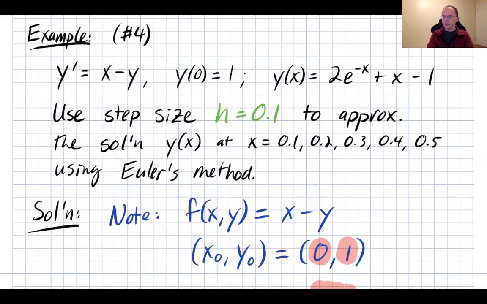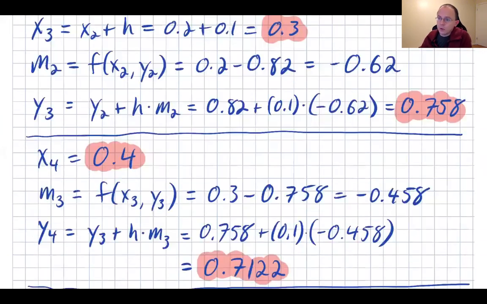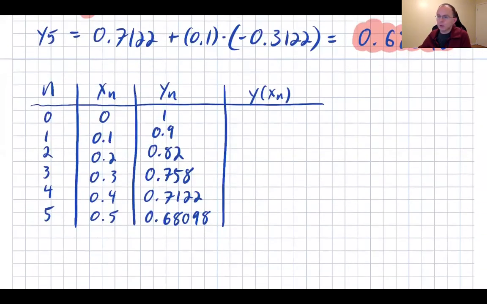Okay, and I'm just going to plug in all these values of x into this formula. And I guess I'll round it to 5 decimals.